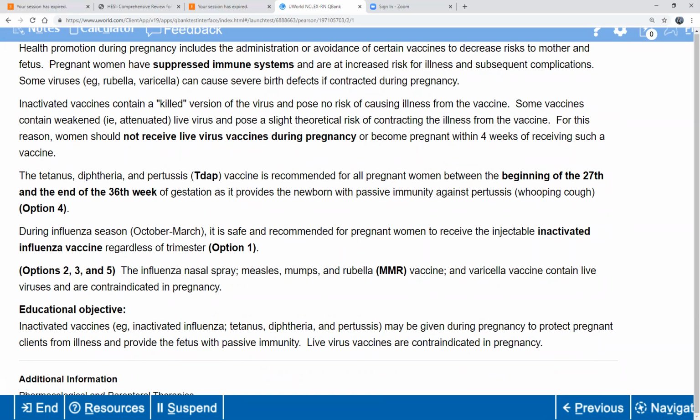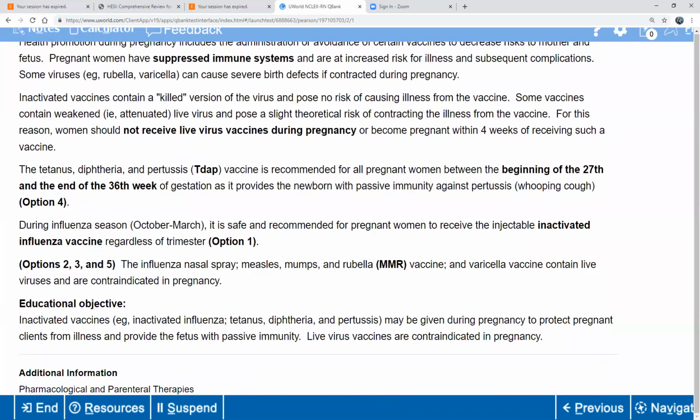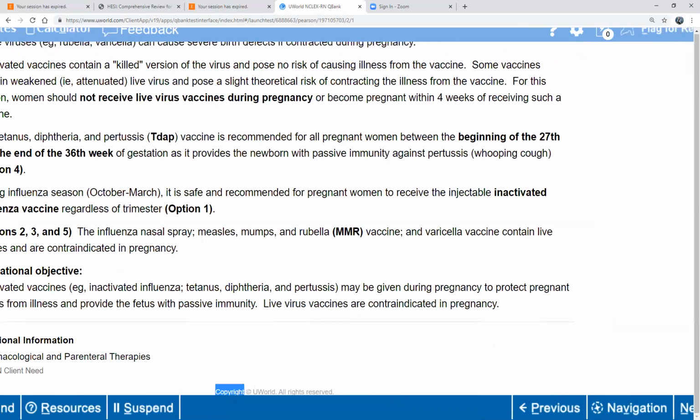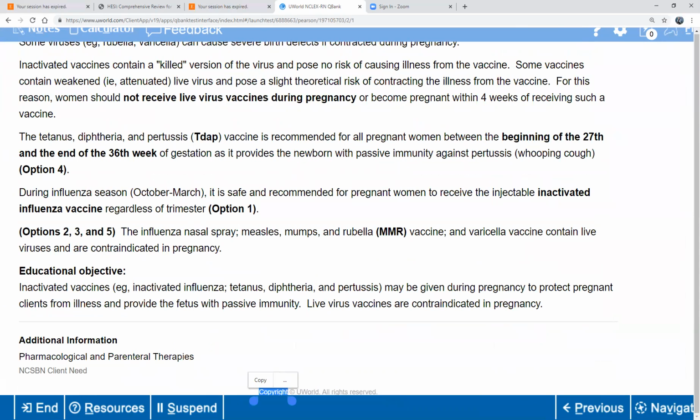Okay, this actually says 4 weeks. All right, so they have to wait a month once they receive a live virus before they can become pregnant. They said it right here: the MMR vaccine and varicella have live viruses in them.